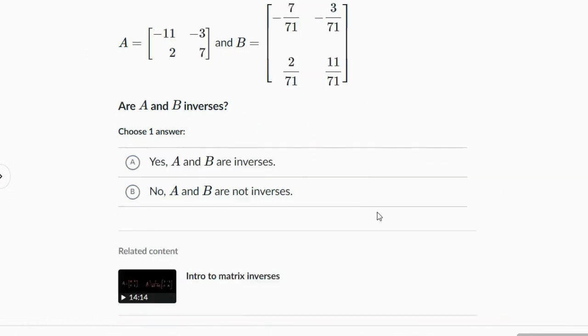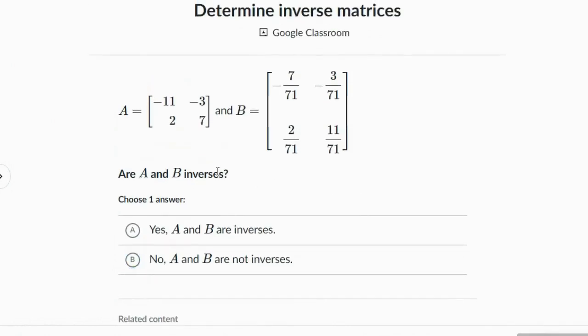Let's look at another one. Okay. Are these inverses? All right, let's start over. If we multiply negative 11, negative 3, 2, 7, times negative 7/71, 3/71, 2/71, and 11/71.